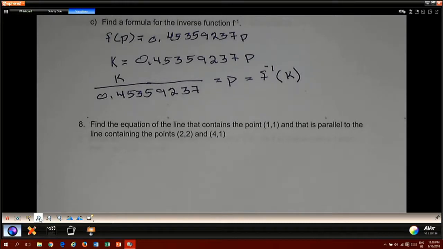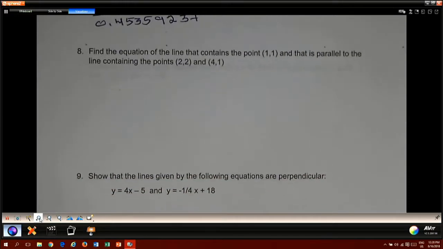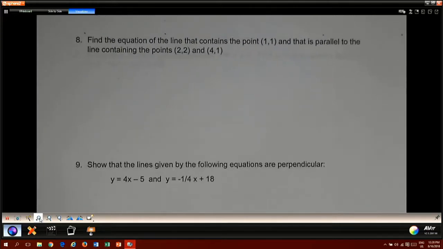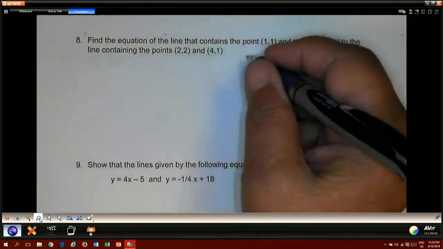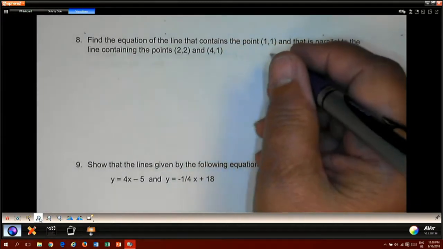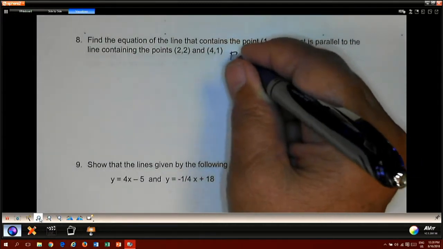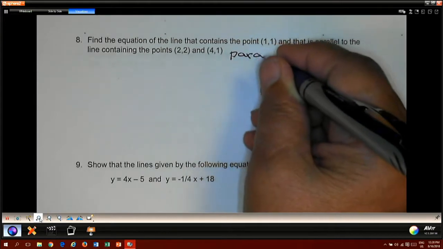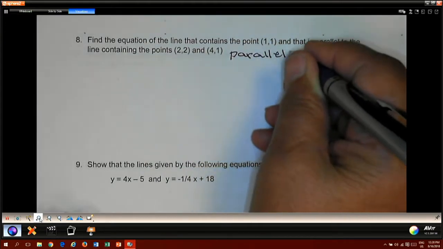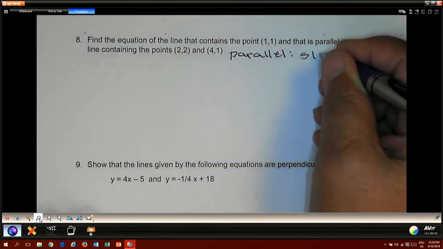Now we want to find the equation of a line containing the point 1, 1, and it's parallel to the line containing the points 2, 2, and 4, 1. So if they're parallel, the slopes are the same.